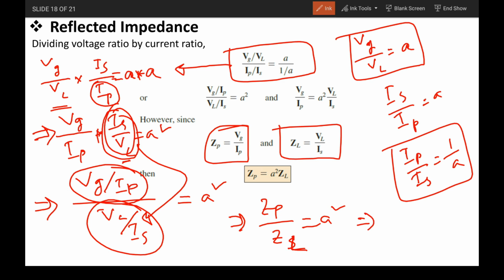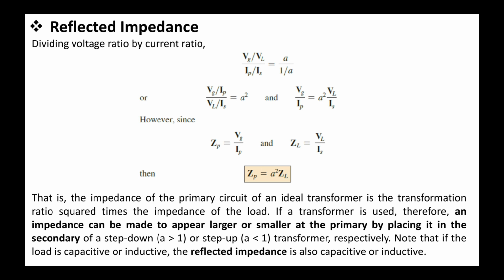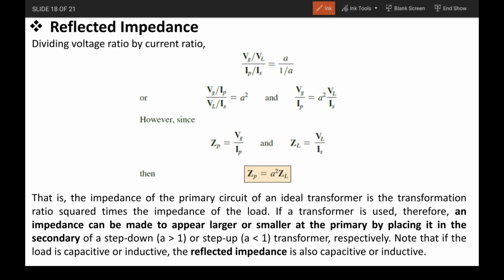So from where we can write ZP equal to A square into ZL. So here an impedance transformation is also possible, which we call the reflection impedance or reflected impedance. So if I clear this all and move on, this is called a reflection.